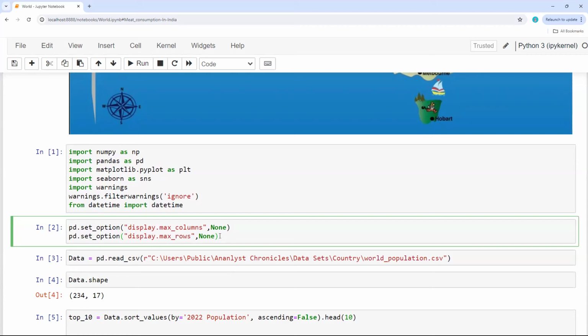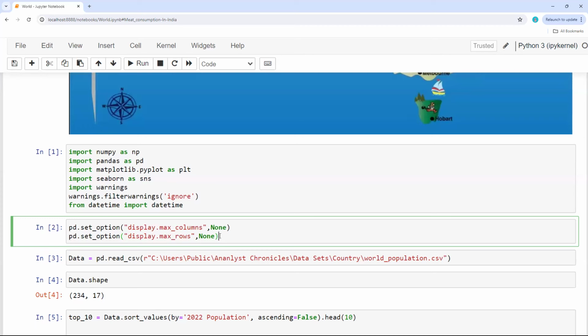It will show only the first few columns, then a dotted line where some columns are hidden, then the last few columns. Similarly for rows, you can see the top 10 to 15 rows, then some rows are hidden, followed by the last 10 or 15 rows. I don't want to see it like that.